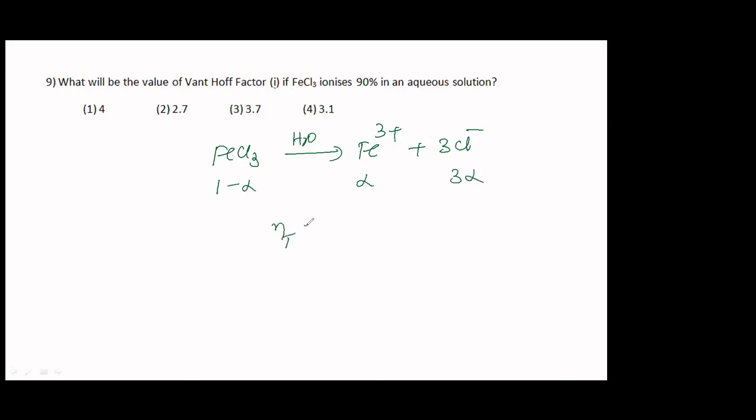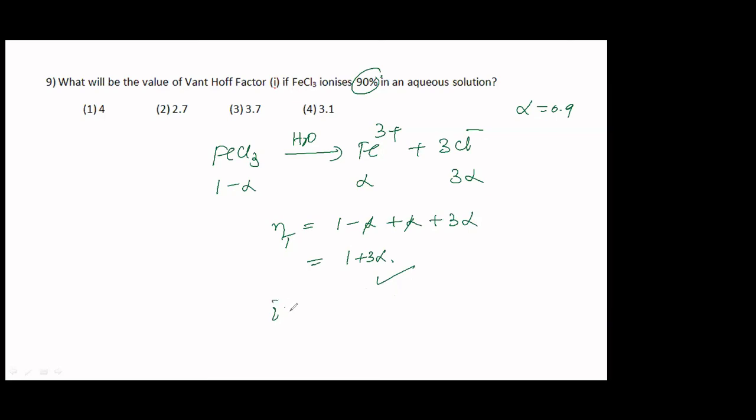So N total should be equal to 1 minus alpha plus 3 alpha. So this will get cancelled, you will get 1 plus 3 alpha. Alpha is given to you as 90%, which means out of 1 it will be 0.9. So alpha is equal to 0.9. Substitute here, you will get the same answer, isn't it?